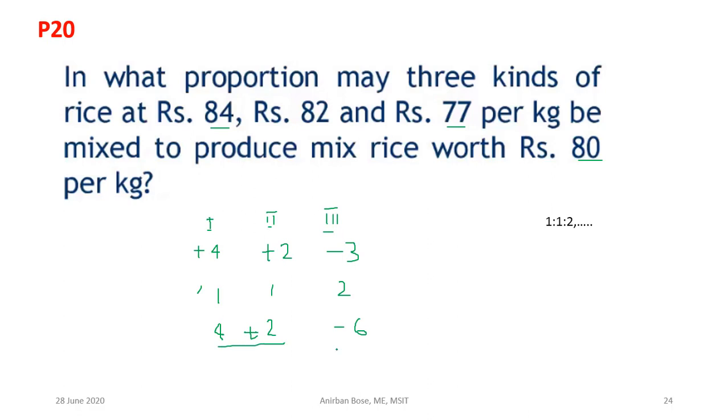So here you can see 4 plus 2 is 6, and minus 6 will cancel. So one of the possibilities might be 1 is to 1 is to 2. You can see there may be other possibilities also by which we can solve it. Okay, so this is one of the answers. To solve this kind of problem, maybe your options will help you.